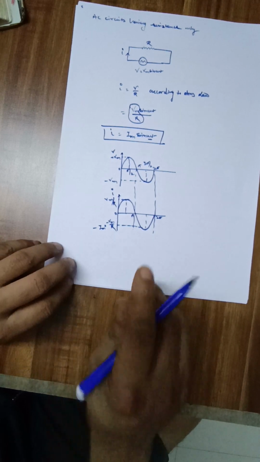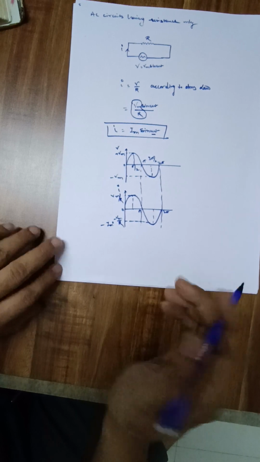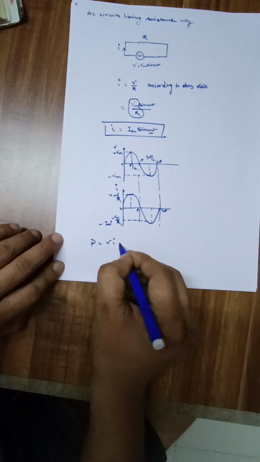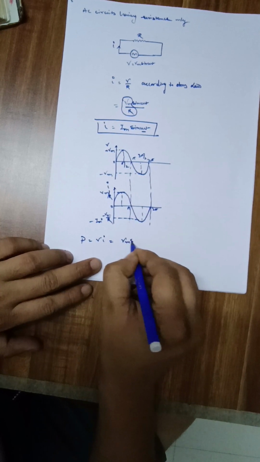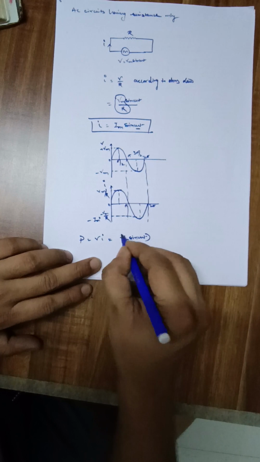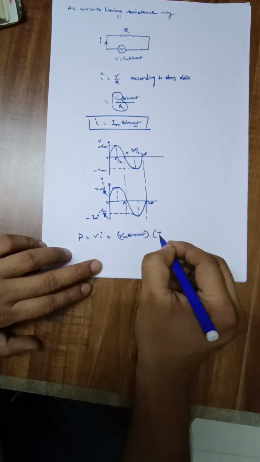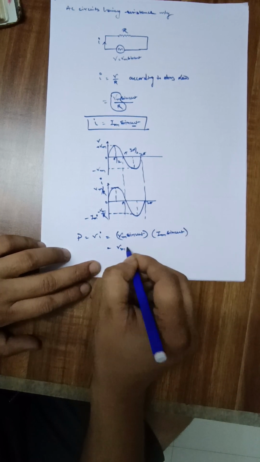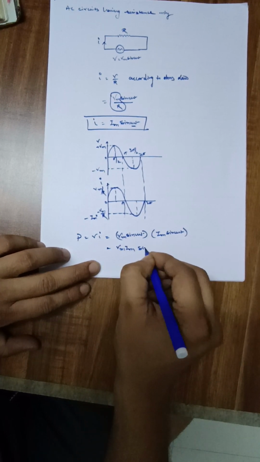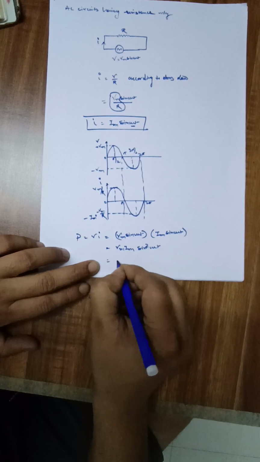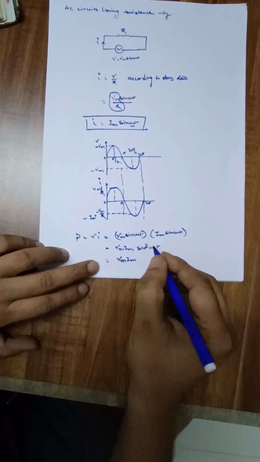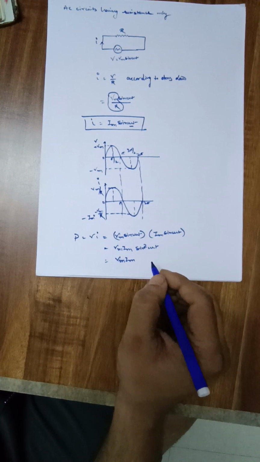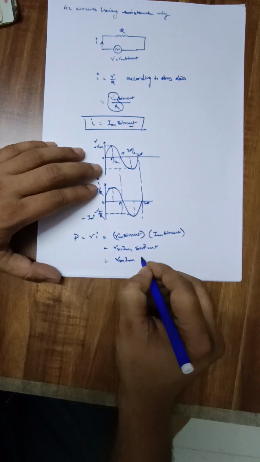Now, what about power? P is equal to V into I. What is V? Vm sine omega t. And what is I? I is equal to Im sine omega t. So Vm Im sine square omega t. Sine square theta is equal to 1 minus cos 2 theta upon 2.